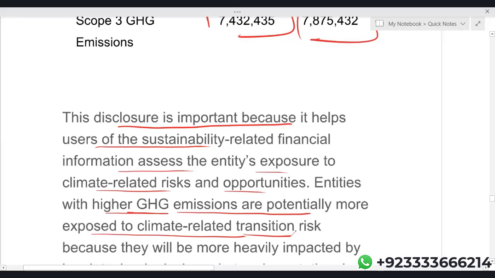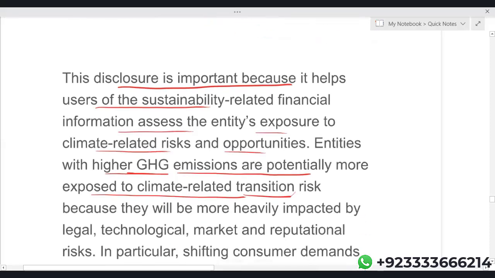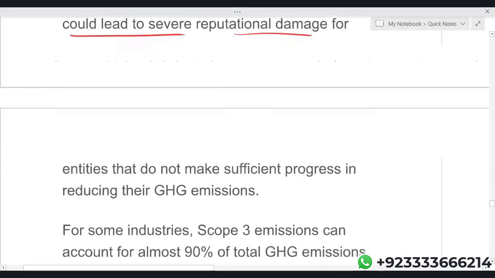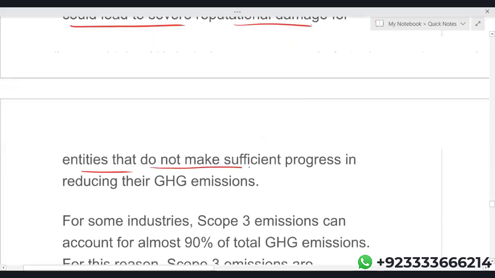Obviously, the law will affect you more because they will be more heavily impacted by legal, technological, market, and reputational risks, in particular shifting consumer demands could lead to severe reputational damage for entities that do not make sufficient progress in reducing their emissions. If you're not helping to reduce your greenhouse gas emissions, you will end up losing customers, you will end up creating a bad reputation, and investors will leave you.